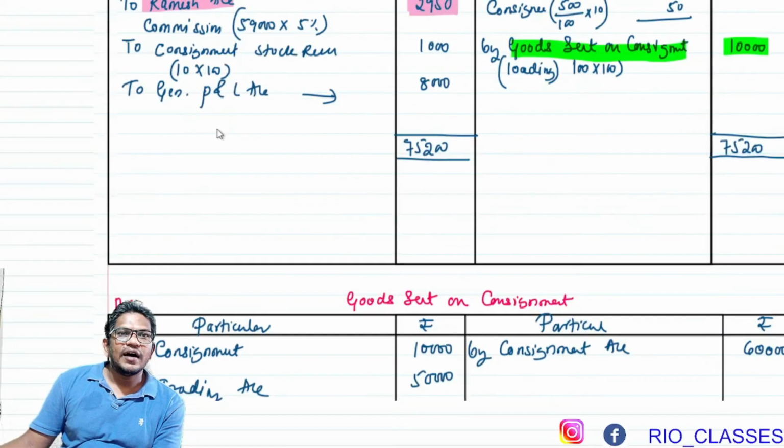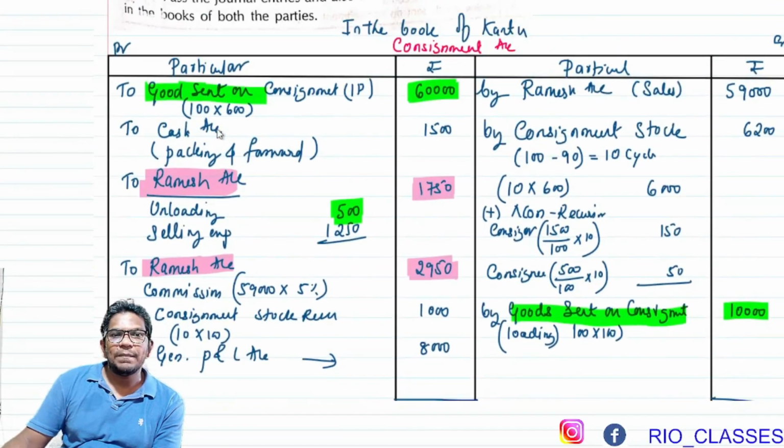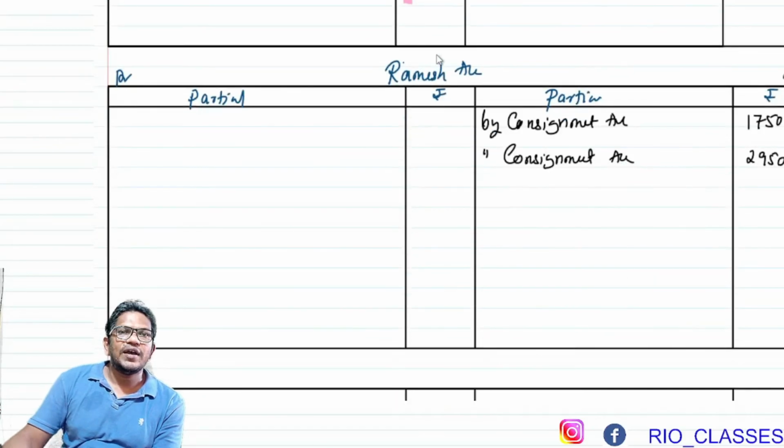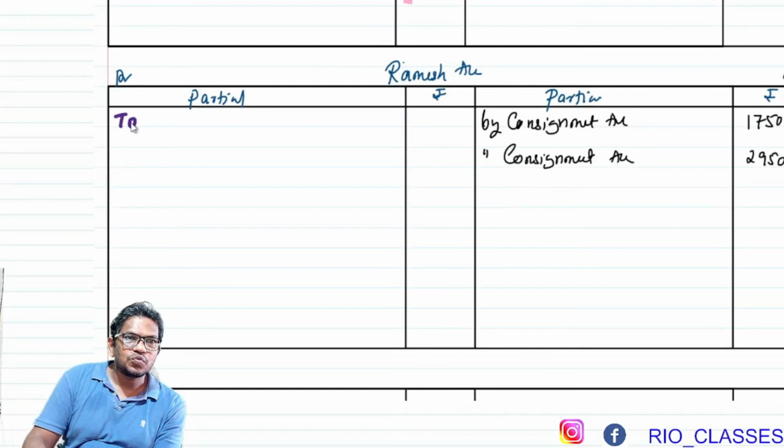All right. And just come back to the credit side, because that was a commission. Look at that. Here we have Ramesh account sales. How much sales has he made? 59,000. So it is credited. Make a debit now. Very simple. It was credited, make a debit to consignment account, 59,000.